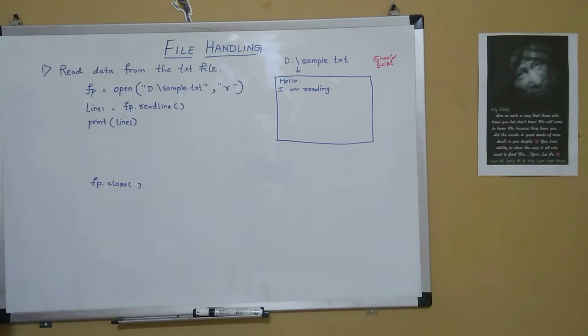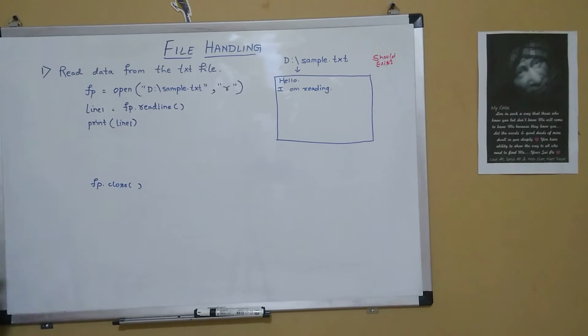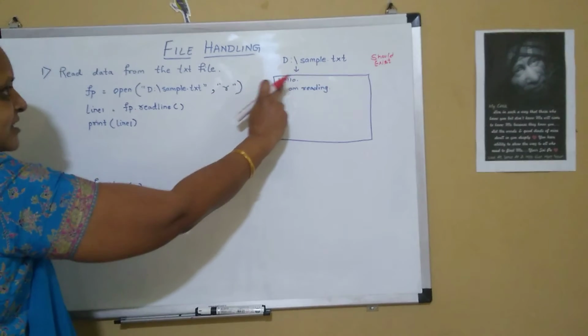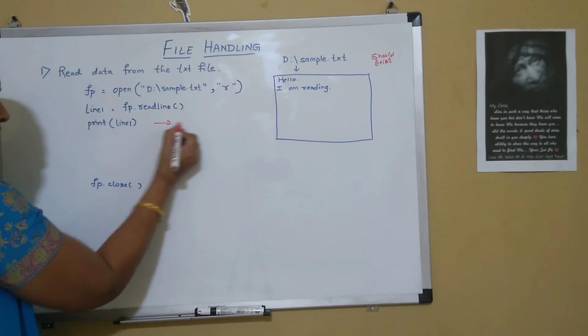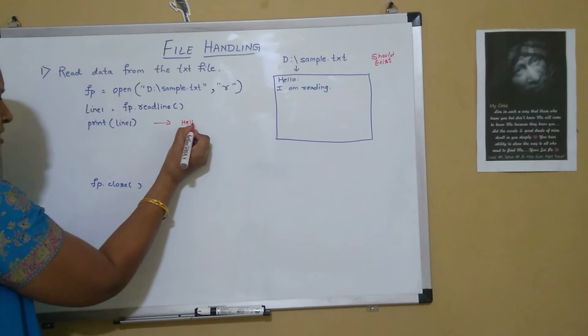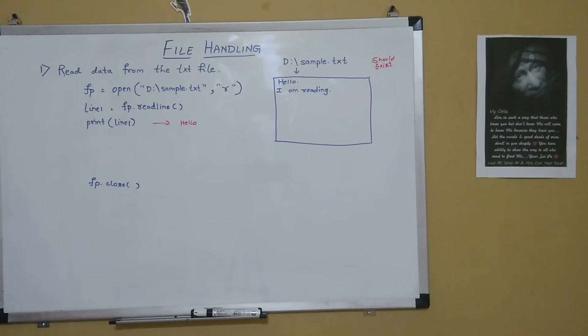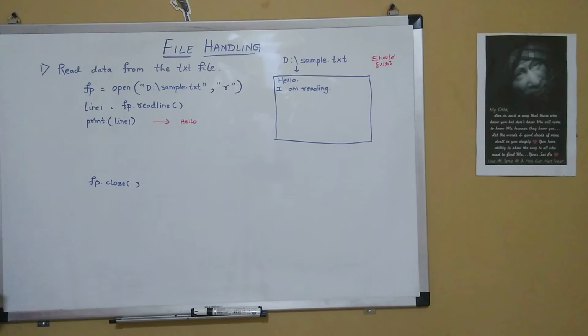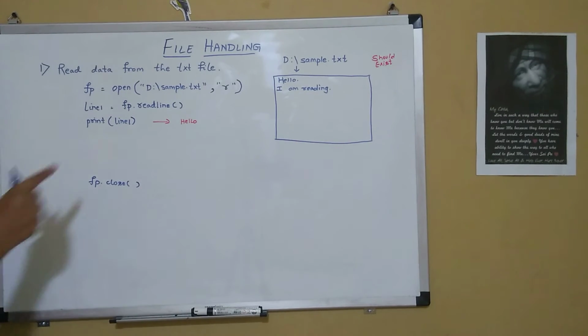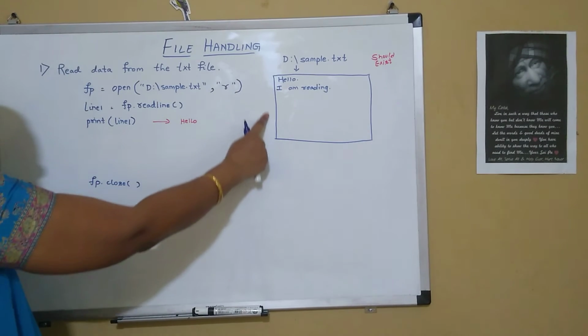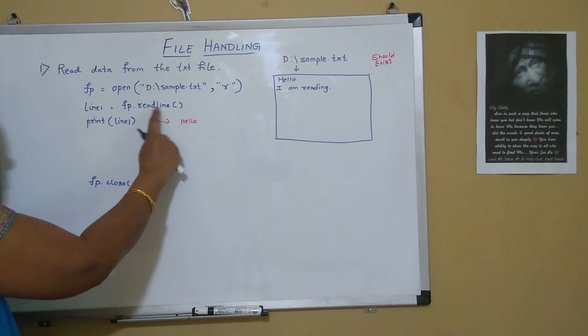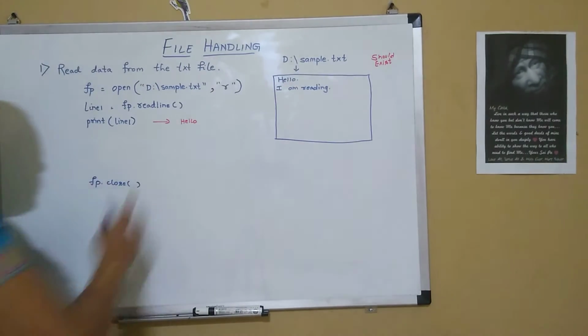Readline will read one line at a time. So line1 will have just hello printed on the console. It will read only one line at a time. Read reads all the contents in the file, but readline reads only the first line.